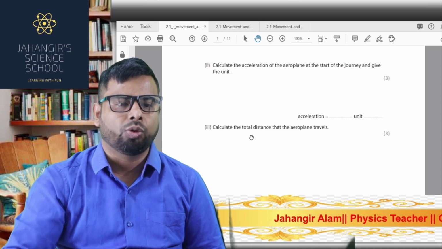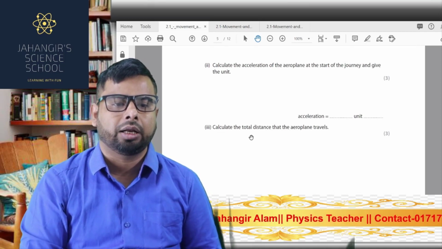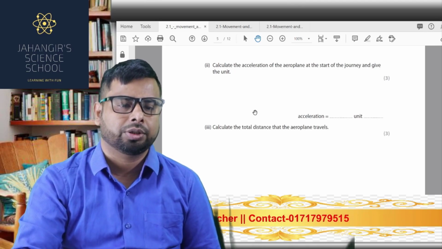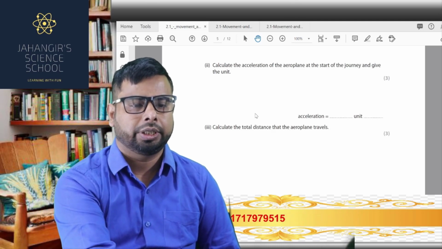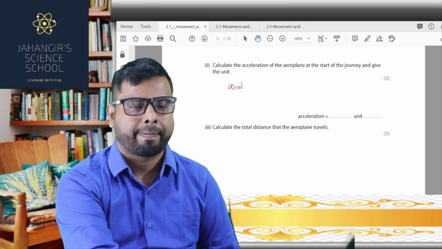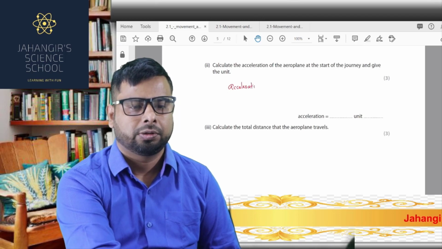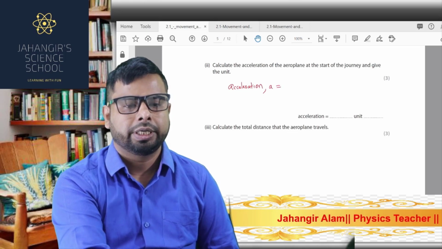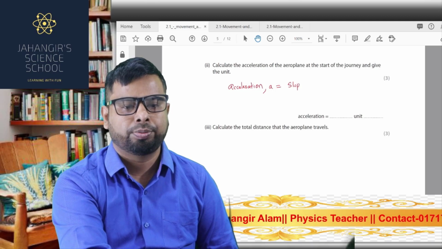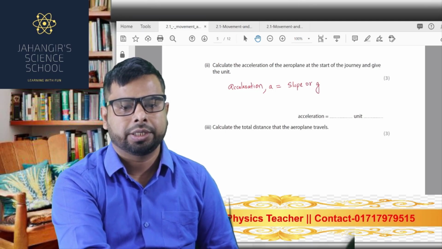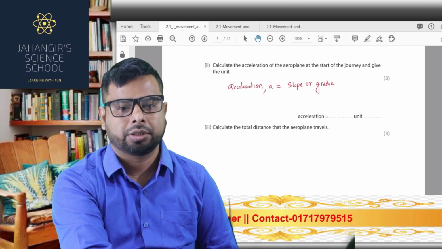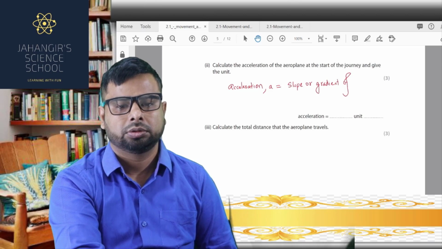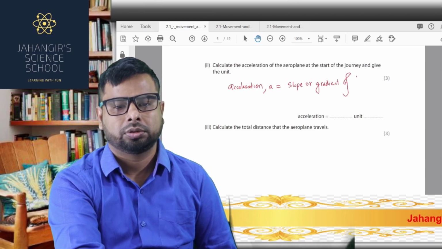Now calculate the acceleration of the aeroplane at the start of the journey and give the unit. We know acceleration, denoted by a, equals the slope or gradient of the line.